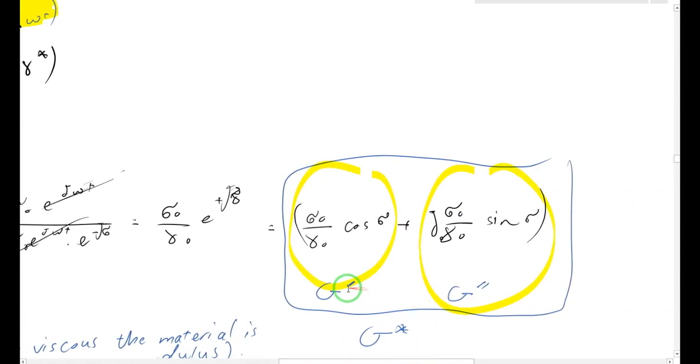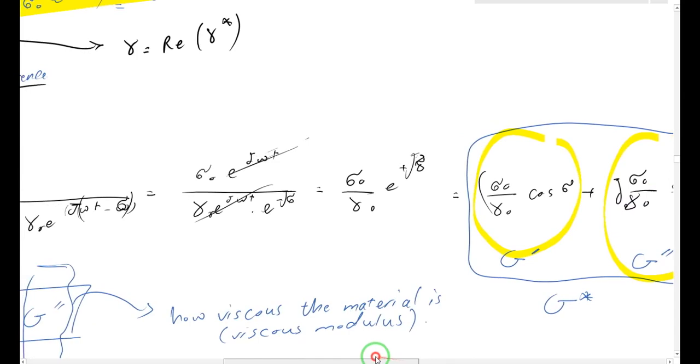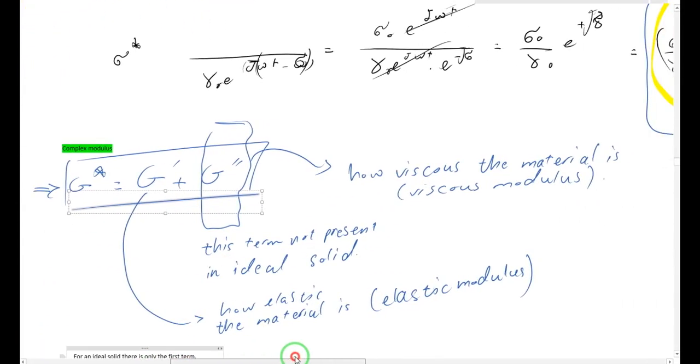This real part is the one related to the solid phase, and this G double prime, the imaginary part, corresponds to the liquid phase.